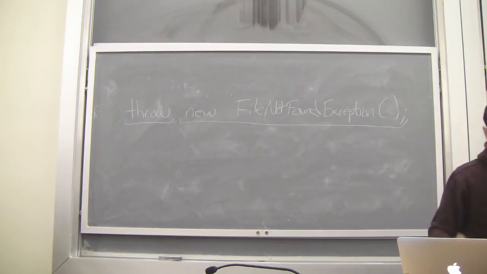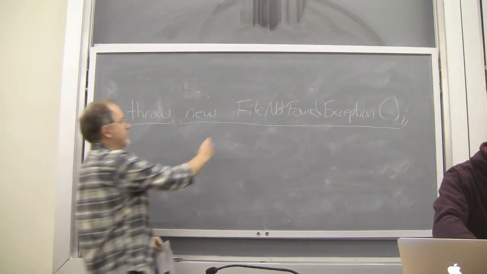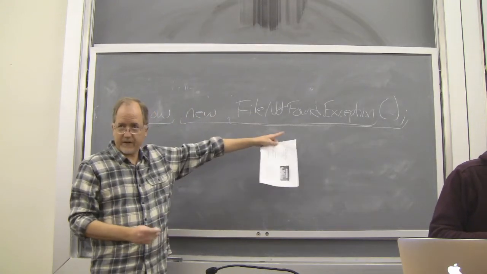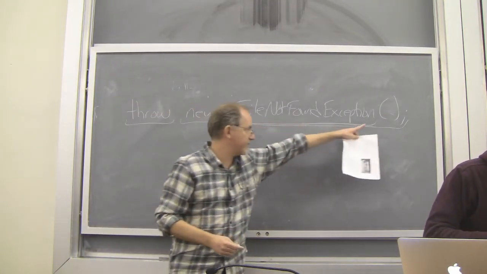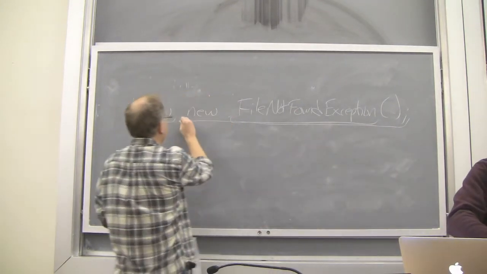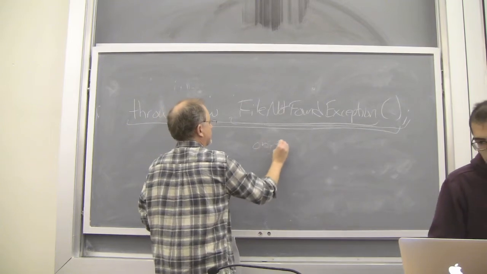So is file not found exception a class or an object that we created? This is a type, so it's a class. If you make a new one of those, it makes an object. So this part is the type, and it matches up with the name of the type. And then this whole part makes the object. So where does E fall in this whole scheme?